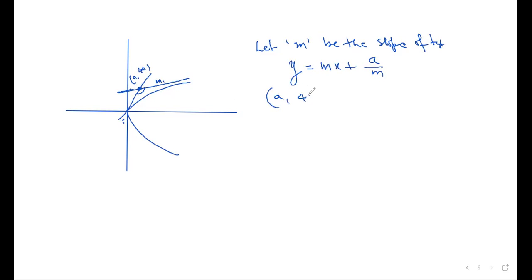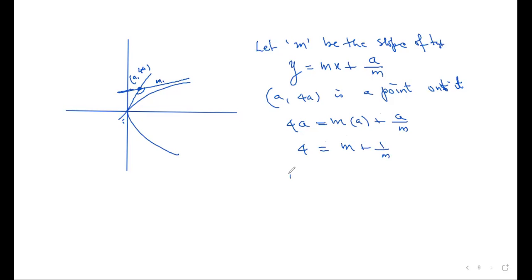Then a comma 4a is a point on it. So 4a is equal to m into a plus a by m. All the a will get cancelled. So m square minus 4m plus 1 equal to 0. Where a? So we'll not be able to solve that.